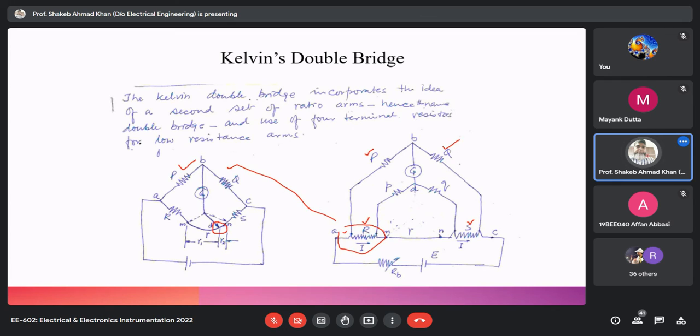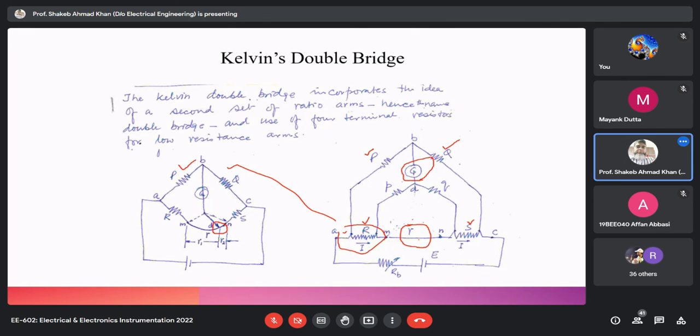So instead of dividing the unknown lead and contact resistance, here this is a real lead and contact resistance, the real lead is here. Instead of finding the D somewhere here, what is done is we take another set of resistances, small p and small q, and the junction of these small p and q is basically the point D to which your galvanometer is connected.